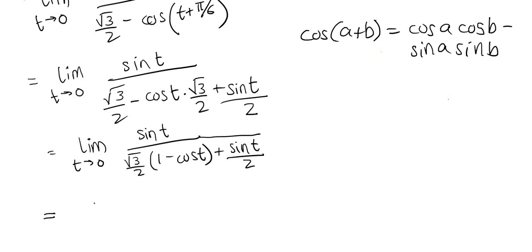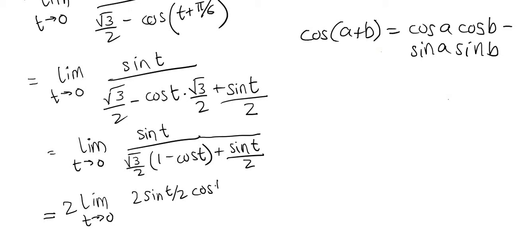And now I want to just factor out this 1 by 2 in the denominator. When it goes on top, it will become a 2. I'm going to convert this sine t into its half angle.